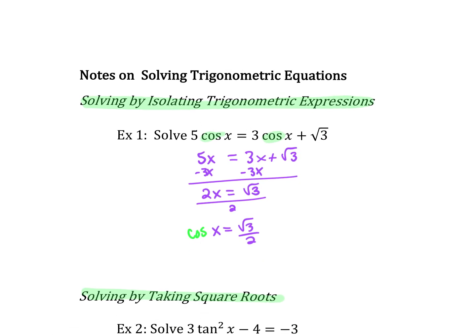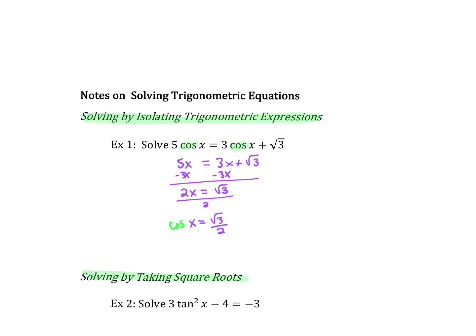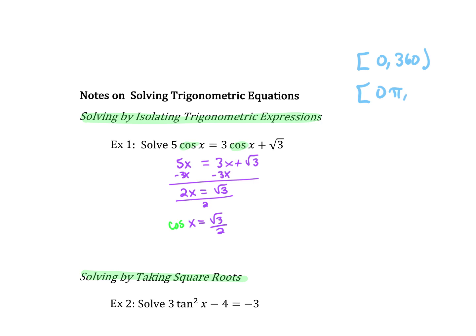If you notice, I did not write any specific directions. I do that a lot because directions can be written differently. In some instances, it may say, solve over the interval from 0 degrees to 360 degrees. And then in other instances, it might say from 0 to 2 pi.